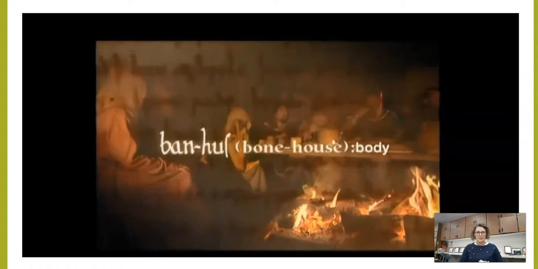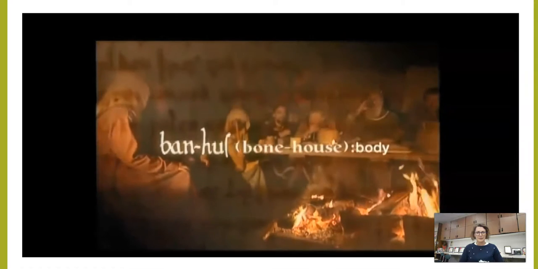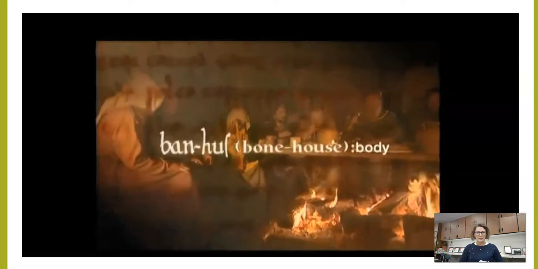Bone and house, for example. Bone house, there you have the house for the body, a word for the body. Beautiful words for instruments. The harp is called the gleo beam, the glee beam, the happy wood, or else the joy wood, I think so, gomenwudu.